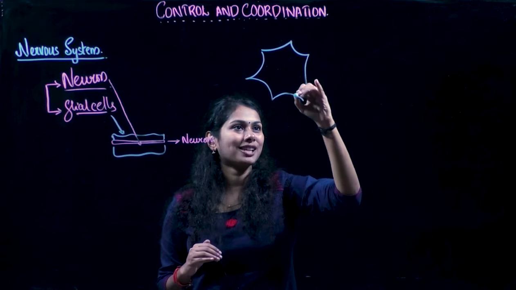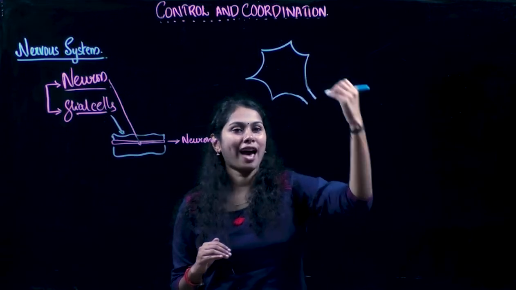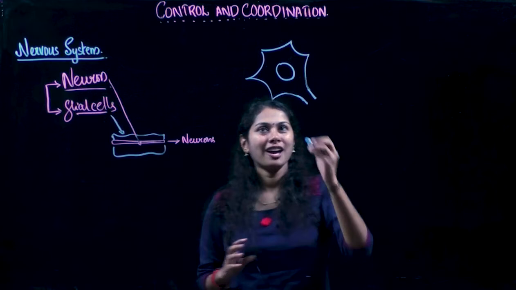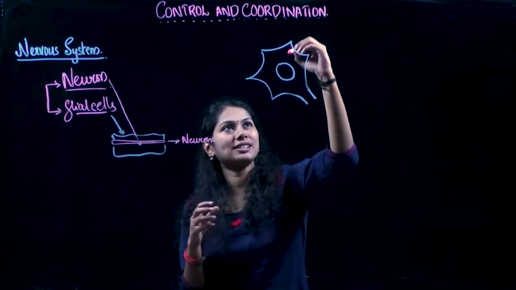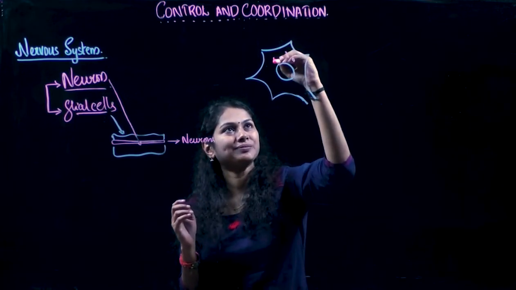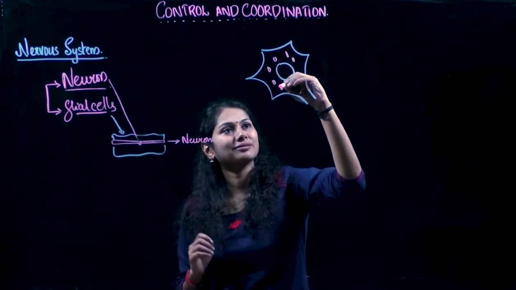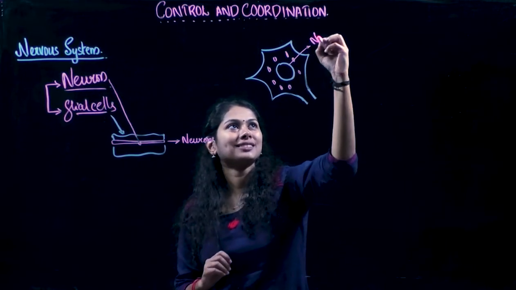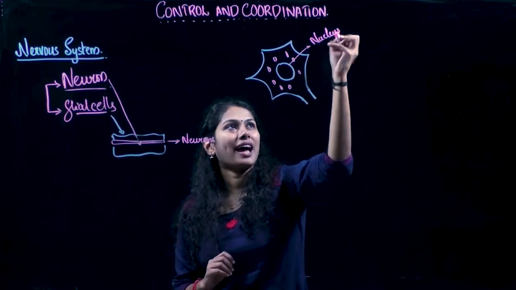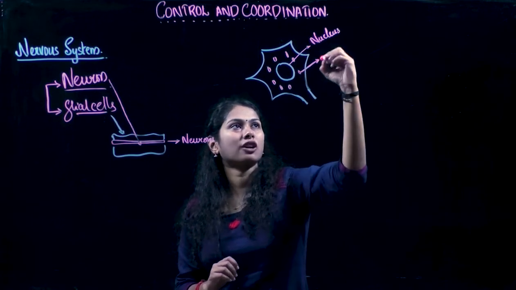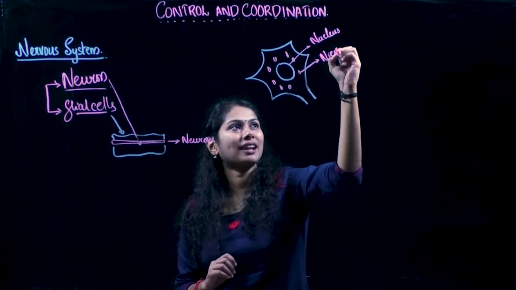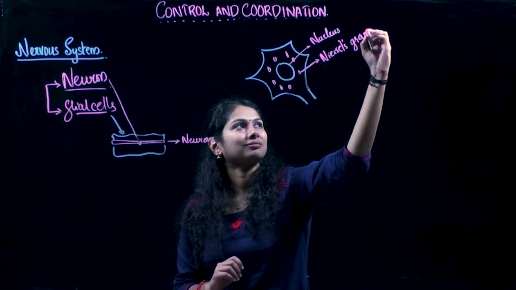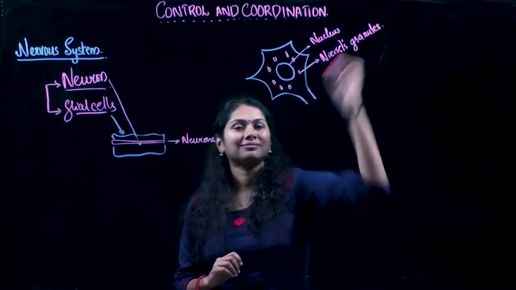This star-shaped cell body has a nucleus, as every cell has, and small granules in it. So it has a controlling nucleus and small granules which are called Nissl's granules.